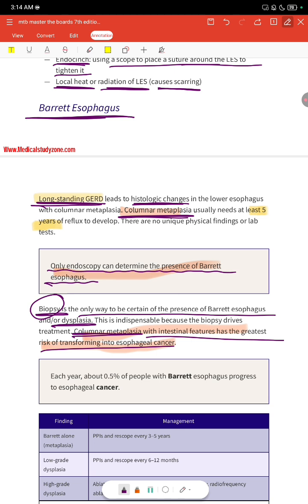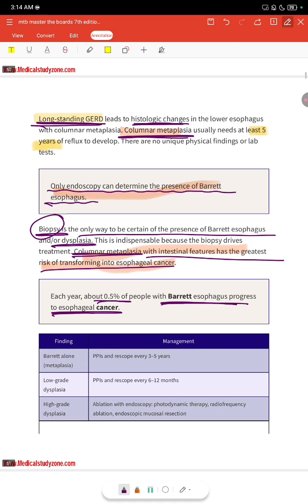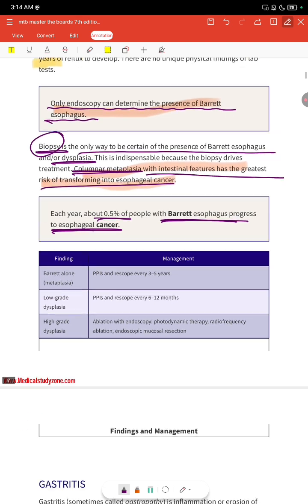Each year, about 0.5% of people with Barrett esophagus progress to esophageal cancer. So Barrett esophagus is the result of a long-standing GERD.